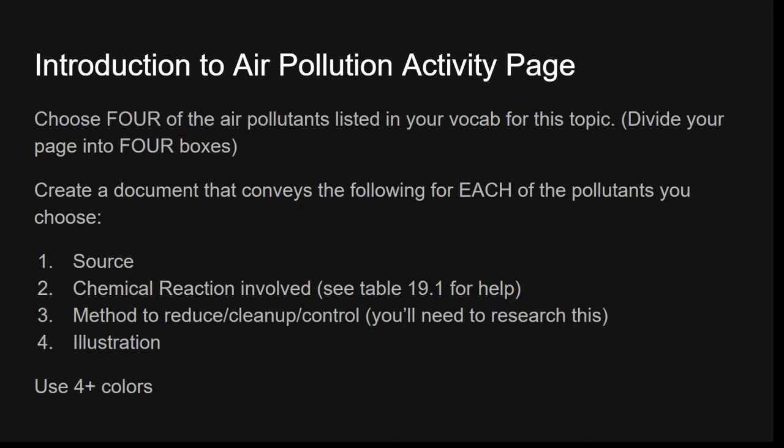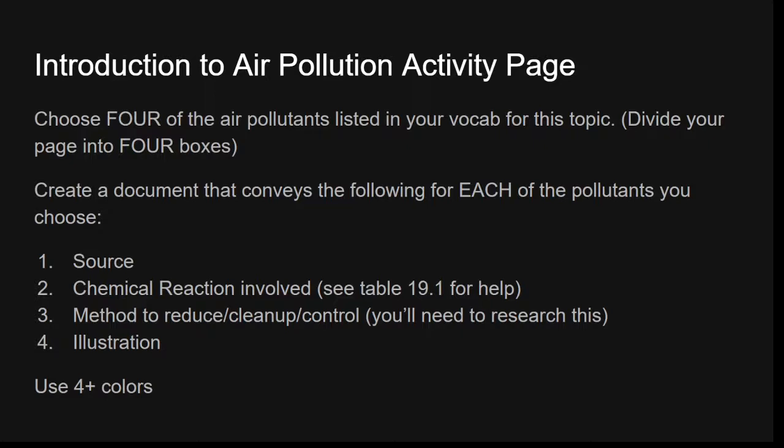If you look in your textbook, table 19.1 might be able to help you there, or you can just look it up online. Tell me one way to reduce, clean up, or control the pollutant. You probably will have to research that, so make sure you look up one way to deal with it. And then draw a picture to demonstrate either the effect of that air pollution or the source of that air pollution.